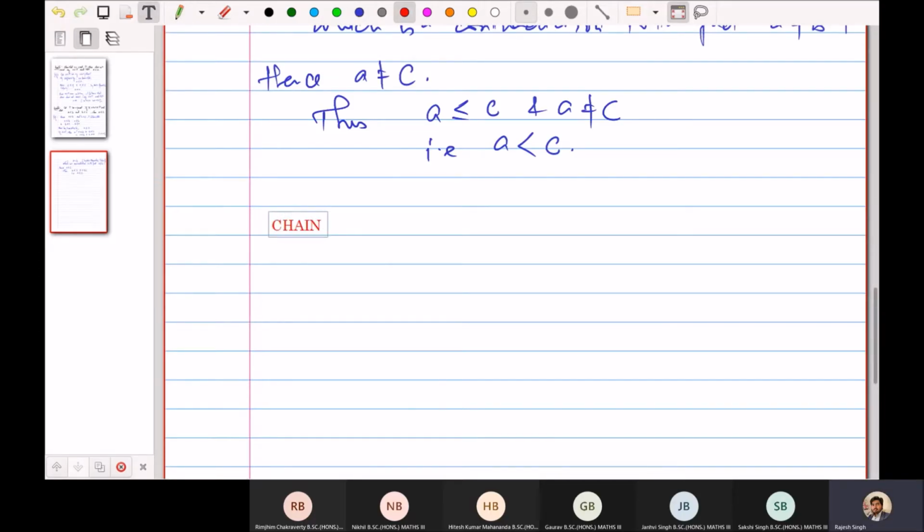Next, we are going to prove that chain is an inherent property. इनहेरेंट का मतलब क्या होता है? किसी चीज को इनहेरिट करना, अपने पूर्वजों से या अपने किसी से कुछ एक्वायर करना, राइट?